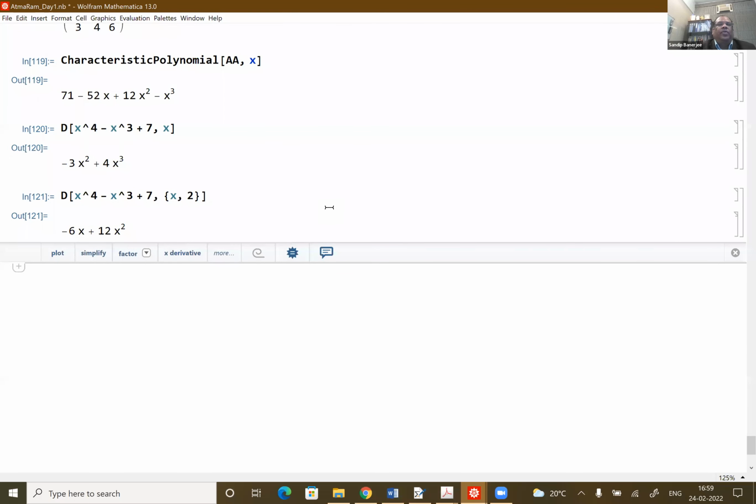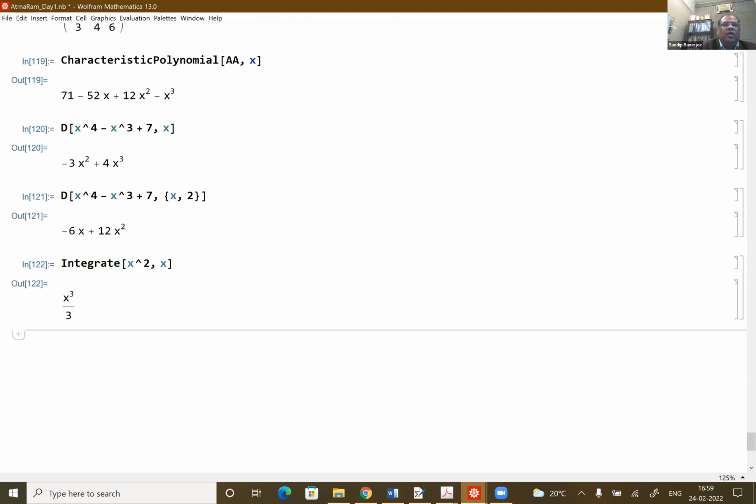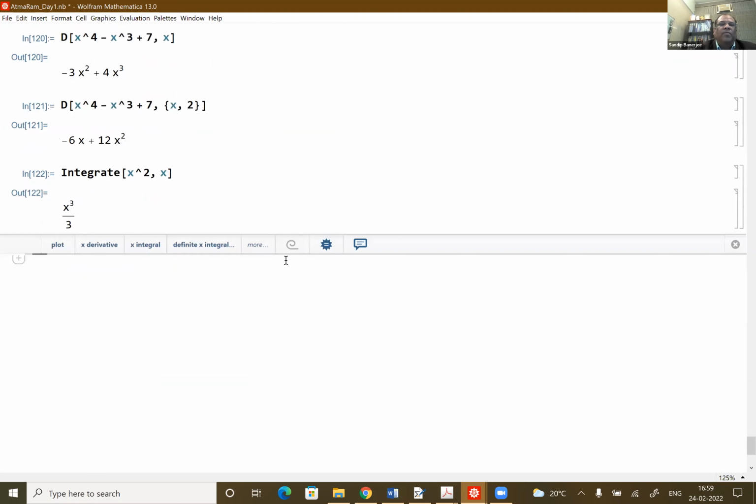Okay. The same is with integration. So it will be integrate, whatever may be the function, x square, and I have to put with respect to what, and it will give me the value.